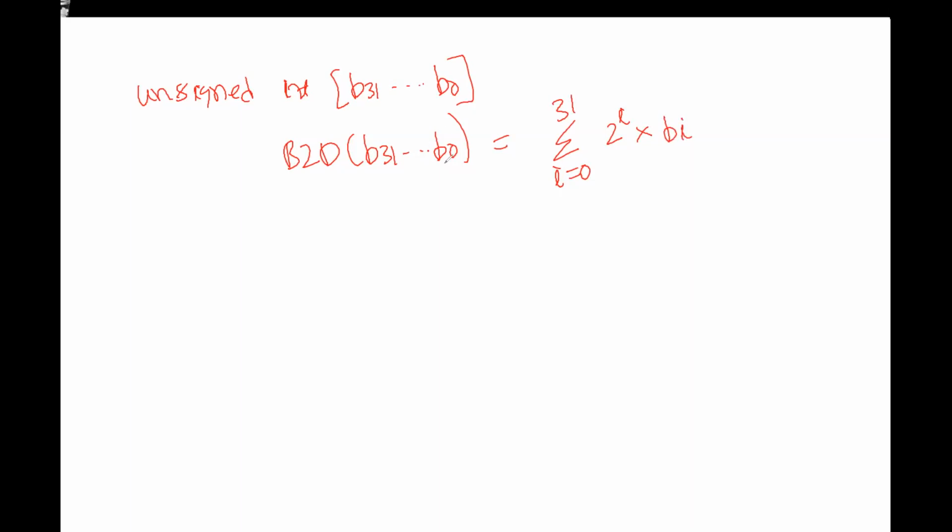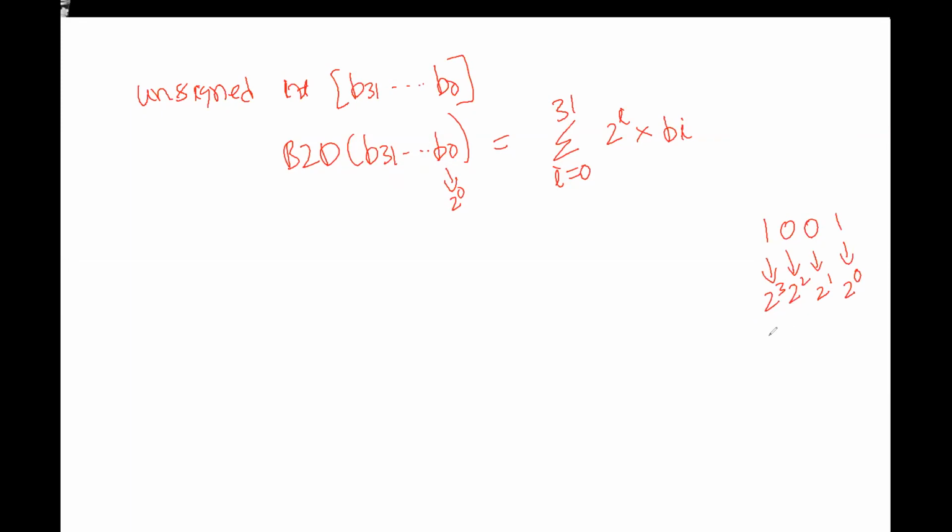That means this bit has value 2 power 0, and the next bit has value 2 power 1, and the next bit has value 2 power 2, so on and so forth. Let's say, for example, if we are working with 4-bit numbers, the value of this is 2 power 0, the value of this is 2 power 1, the value of this is 2 square, and the value of this is 2 cube. And so you multiply each bit with its weight, and then you finally add it.